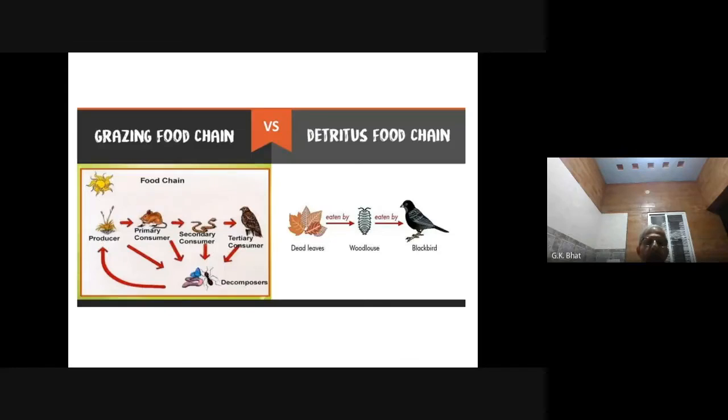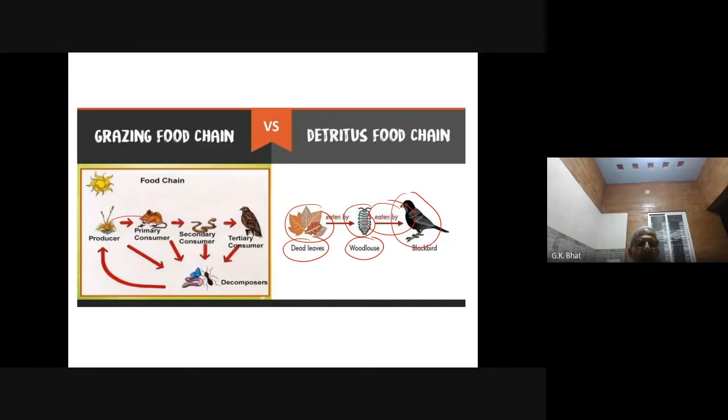Look here. This is dead leaf. Dead leaves are eaten by woodlouse. Woodlouse is eaten by bird. So here it is a detritus food chain. But when this bird eats it, it is a grazing food chain. So many times the grazing and detritus food chains get combined.